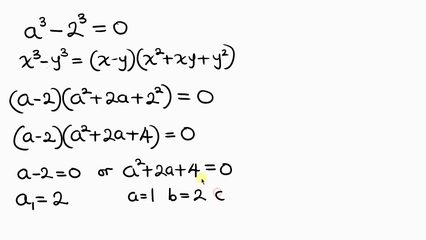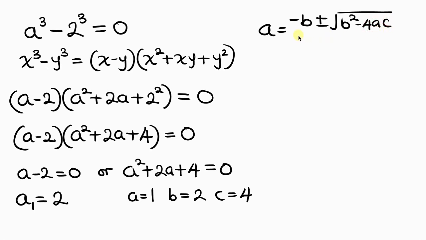And our C is the constant term, which is 4. Now we're going to be using this quadratic formula. Since we're looking for A is equal to negative B plus or minus the square root of B squared minus 4AC all over 2A.